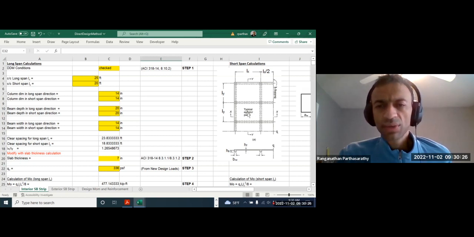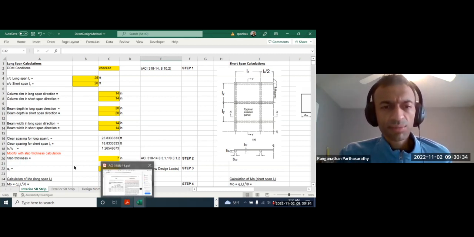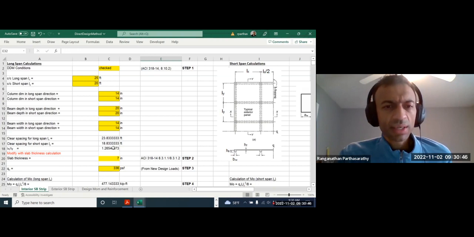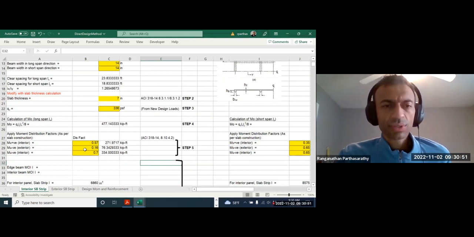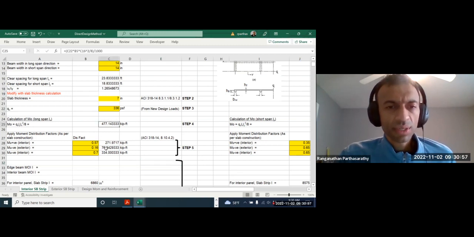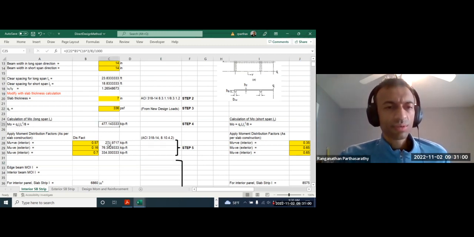Along the long span, you have an exterior negative moment, positive moment, and interior negative moment: exterior negative 0.16, interior negative 0.7, positive 0.57. So you just multiply whatever Mu you got here by those. Now you have the interior negative moment, exterior negative moment, and positive moment.